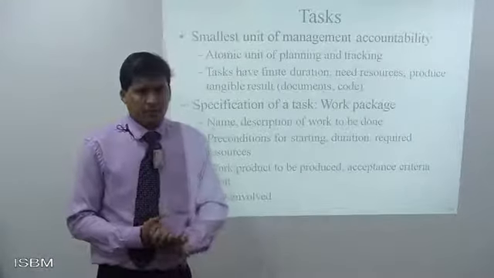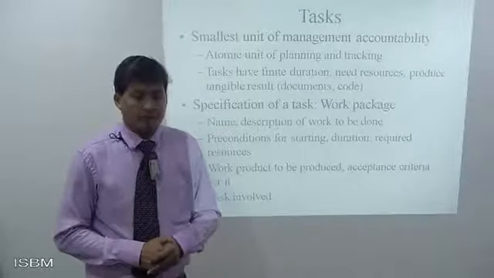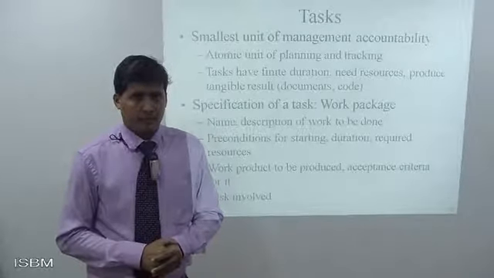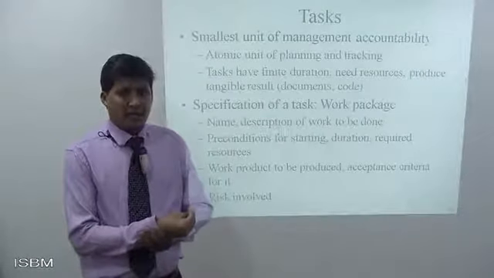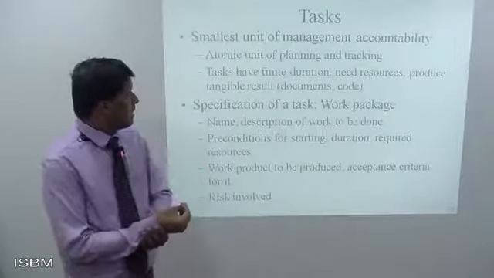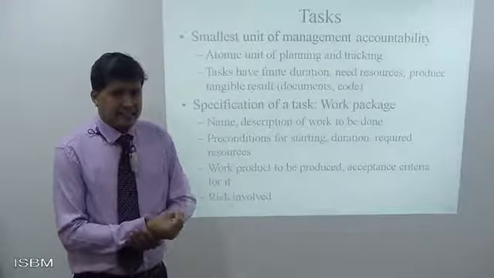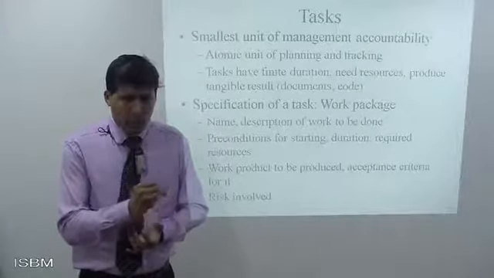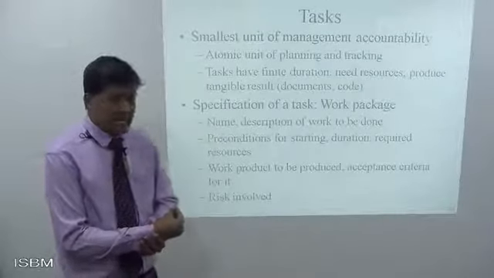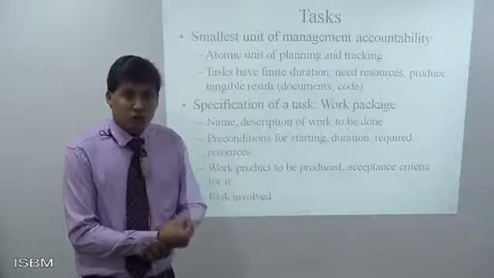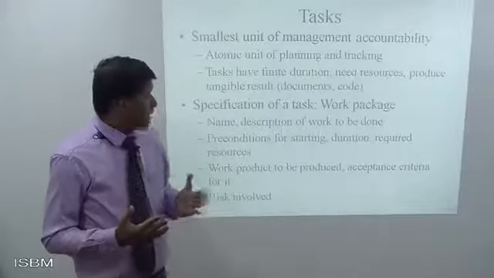So if we want to define task, it would be the smallest unit of management accountability, the atomic unit of planning and tracking. It is the smallest unit where it is tracked, controlled and measured. Tasks have finite duration. They need resources and produce tangible results.